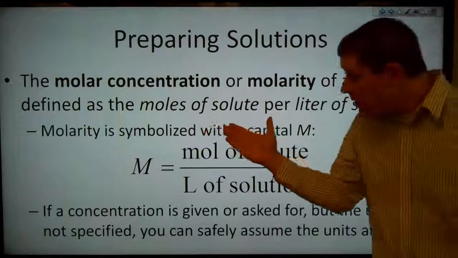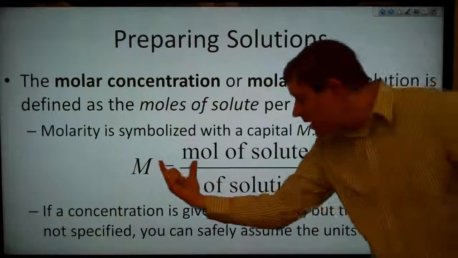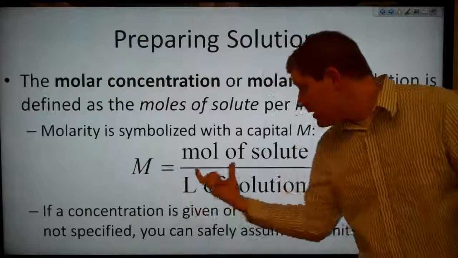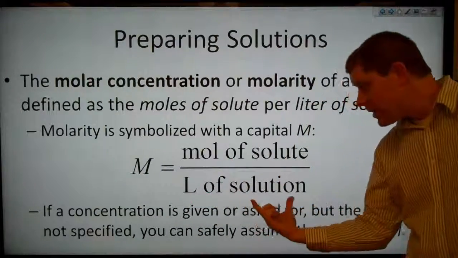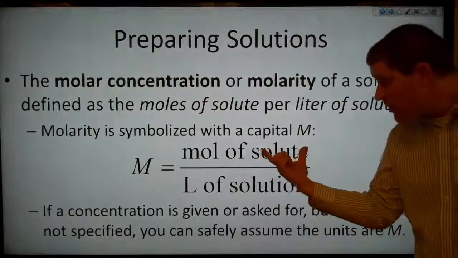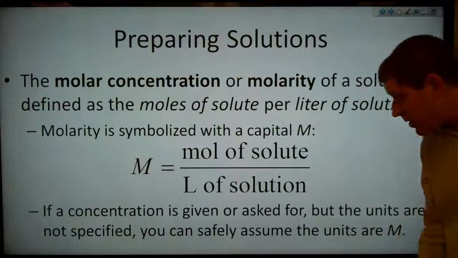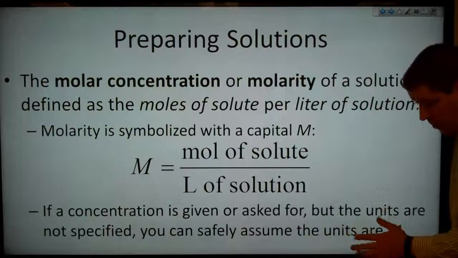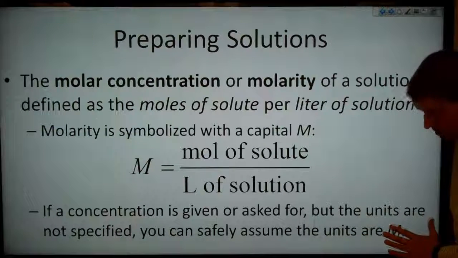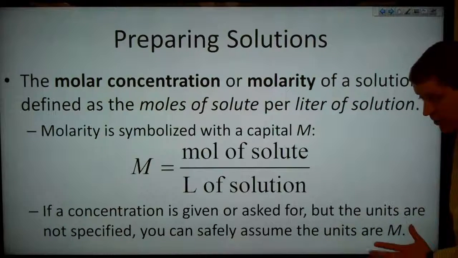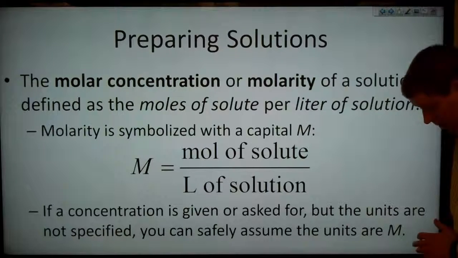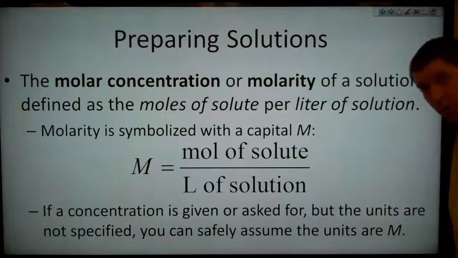So molarity is symbolized with a capital M, so we can say capital M molarity is equal to moles of solute per liter of solution, or moles of solute divided by liters of solution. So if the concentration is given or asked for, but the units are not specified, then you can safely assume that the units are molarity or molar.